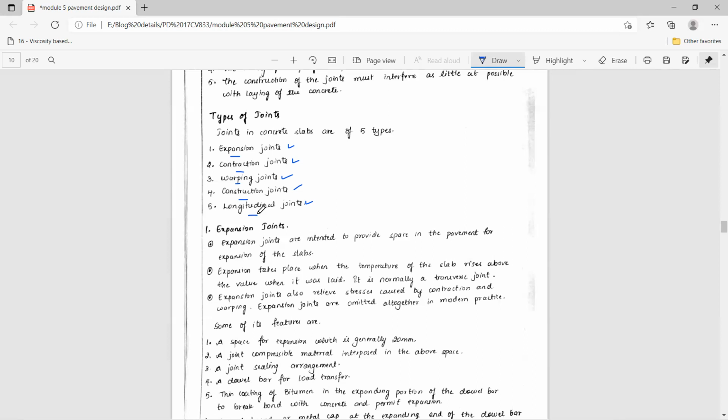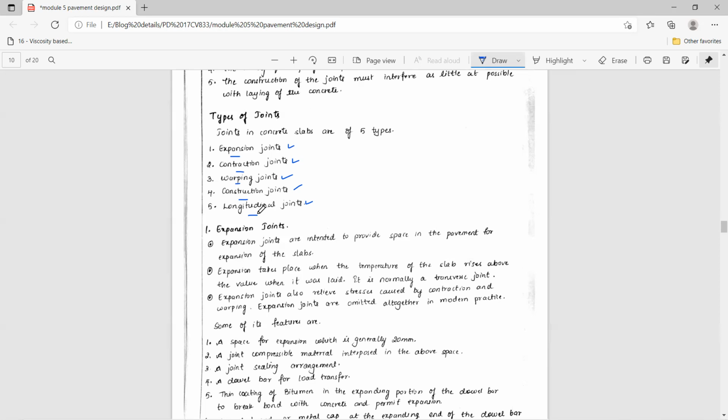During night time, what happens? There will be a high temperature at the bottom of the cement concrete slab and low temperature at the top. Again, the bottom portion will be in expansion and the top portion will be in contraction. So this type of warping stress may develop in the cement concrete slab.